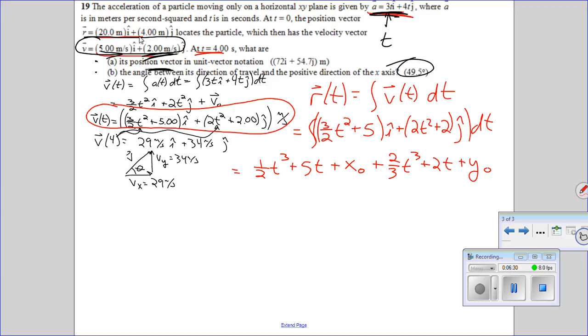Now to be clear, I separated these. This and this is my r naught, my starting position. And instead of just writing r naught, I wrote it in terms of the two components.